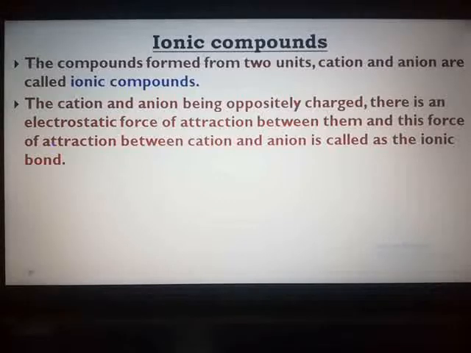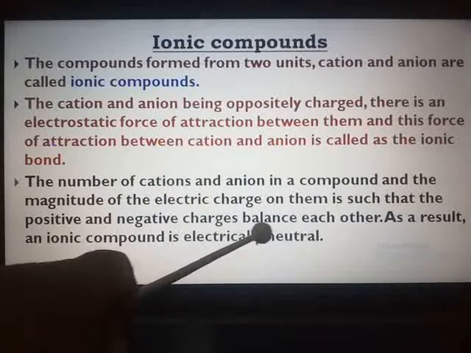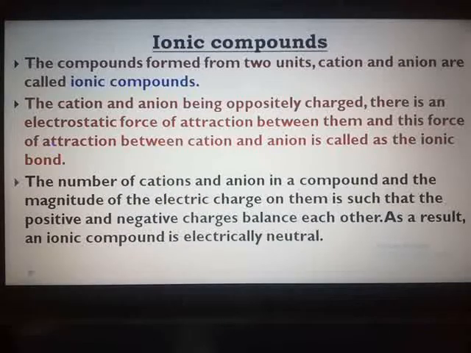Now, the number of cations and anions in a compound and the magnitude of the electric charge on them is such that the positive and negative charges balance each other, and so we can say that an ionic compound is electrically neutral.